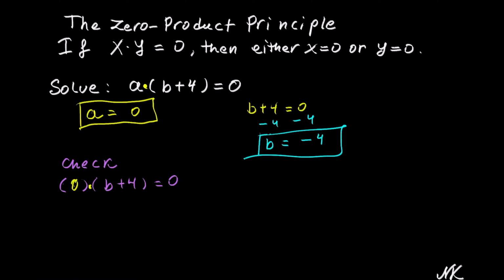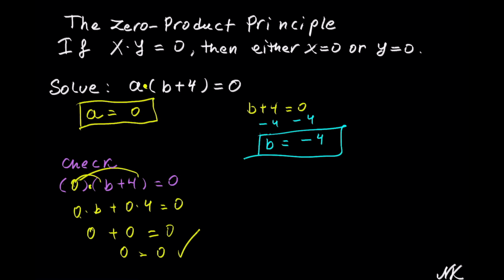But you can also distribute this 0 first and have 0 times b plus 0 times 4, and it will still equal 0 because 0 times b gives us 0 plus 0 times 4 gives us 0. That is also equal to 0. So 0 is equal to 0. That checks out.